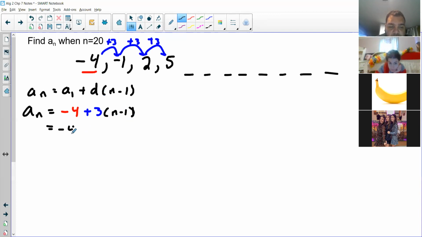Do a little distribution. Combine like terms, -4 minus 3. That's going deeper into negative, so that's a bigger negative, so that's going to be -7. Wait, why is it minus?